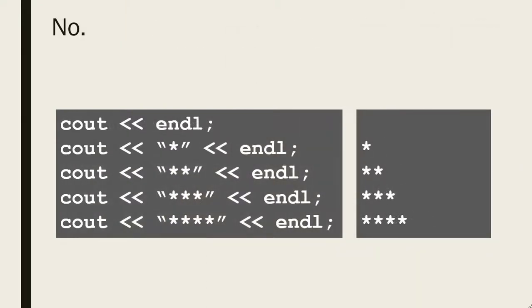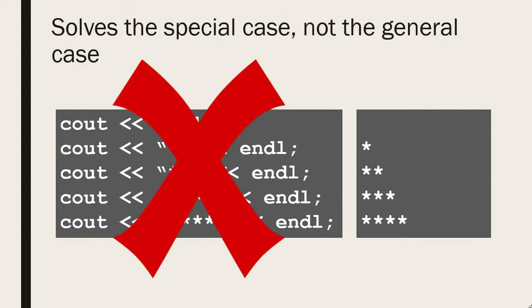When I ask this on exams, sometimes I get this kind of output, a bunch of cout statements. And that's not what we're looking for. That solves one case of the problem, but it doesn't solve the general case, where the user can type in whatever positive number they want and the thing automatically produces that many. So we're going to have to do this using something else than just a bunch of cout statements.